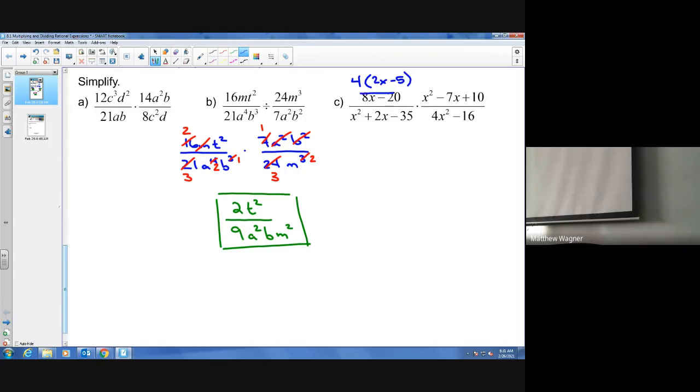The next expression in my numerator, 2 factors of 10 that give us 7 are going to be -5 and -2. All right. On the bottom, 2 numbers that multiply to 35 that give me 2 are going to be +7 and -5. This last expression, I can factor out a 4.